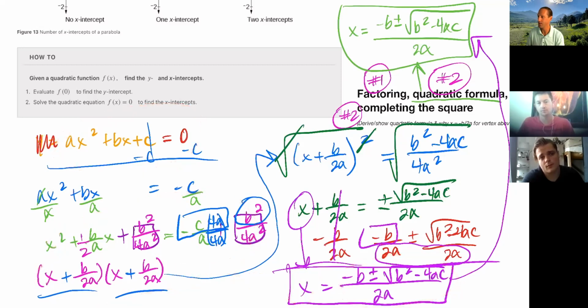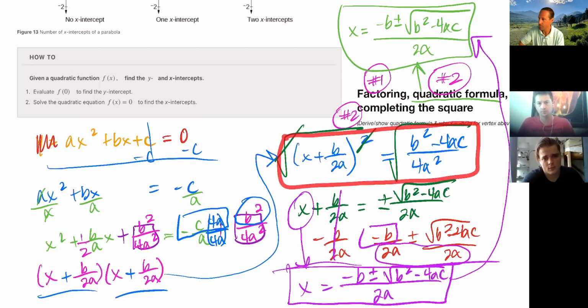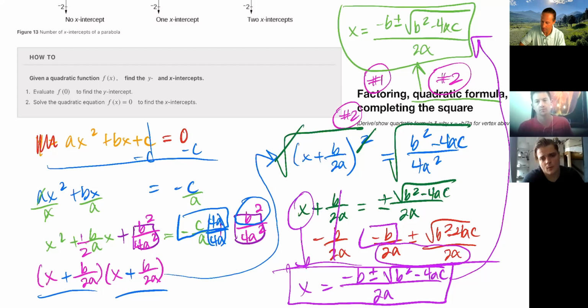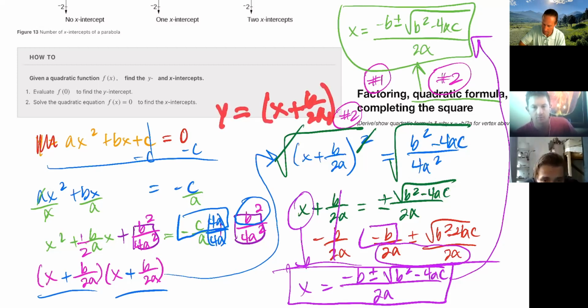b, or c. Now I'm going to go back a step, and I'm going to show you guys right here. This piece, can you guys see how if we had it like this, I could then take this mess and move it back over, and I would have my y equals, instead of 0, x plus b over 2a squared, and then whatever that number came out to be.